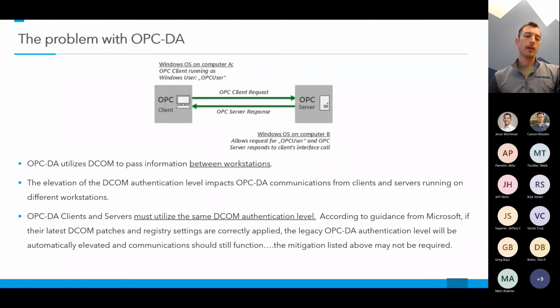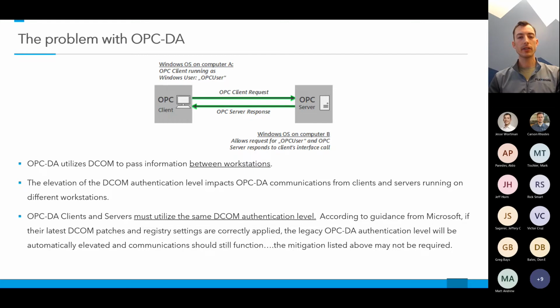So a big impact to industrial applications is on OPC-DA. OPC-DA is a legacy OPC protocol, and again, are you a distributed or a local architecture? If it's distributed, it looks like this graphic where you have a client and a server.